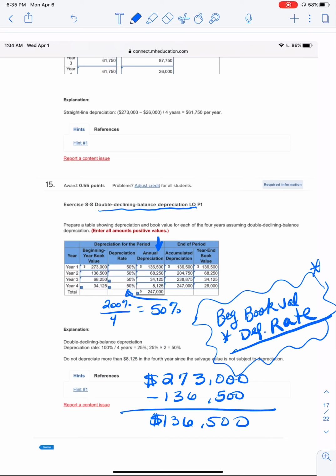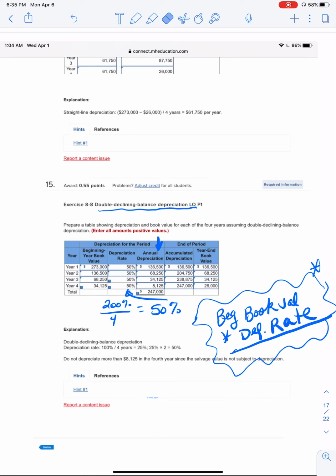Now for year 2, we have to be a little careful, because for year 2, what we're going to have to do is take this end of year book value, this $136,500, and it will now be transferred to right here, because what was the year-end book value for year 1 will become the beginning of year book value for year 2. It just flows straight over. We continue to use the same 50% depreciation rate, but now we apply that 50% to $136,500.